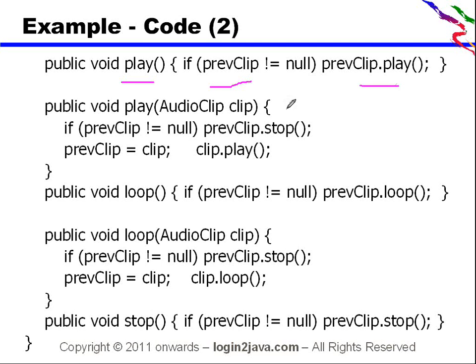And this is a play method where you can send a new clip and it will stop the previous clip, start playing the new clip and make it the previous clip. Then there is a loop, another loop, and then a stop method. So this is the code. We should not worry much about this code because we are studying the singleton pattern at present. Now another variation in singleton.